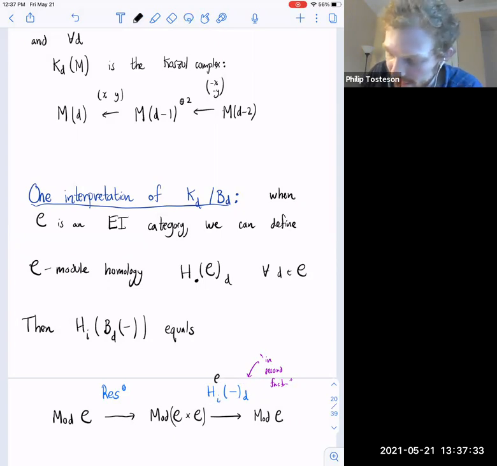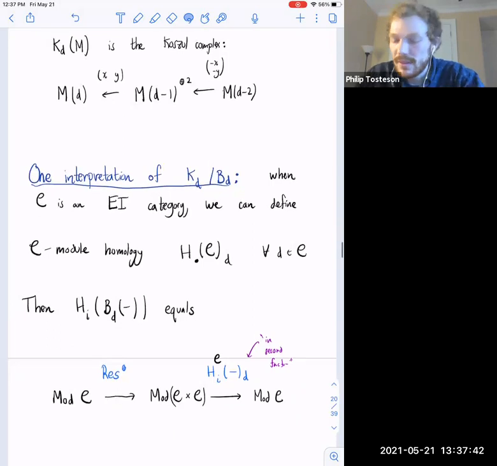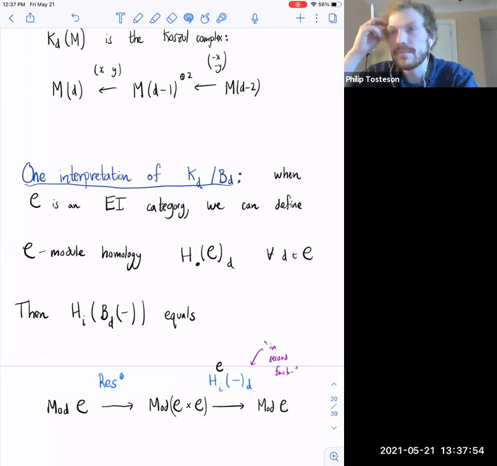So this is H_i^C blank in degree D. This is a way of interpreting these complexes in terms of C-module homology, though it turns out that the interpretation in terms of poset representations is more convenient for actually proving things about them.